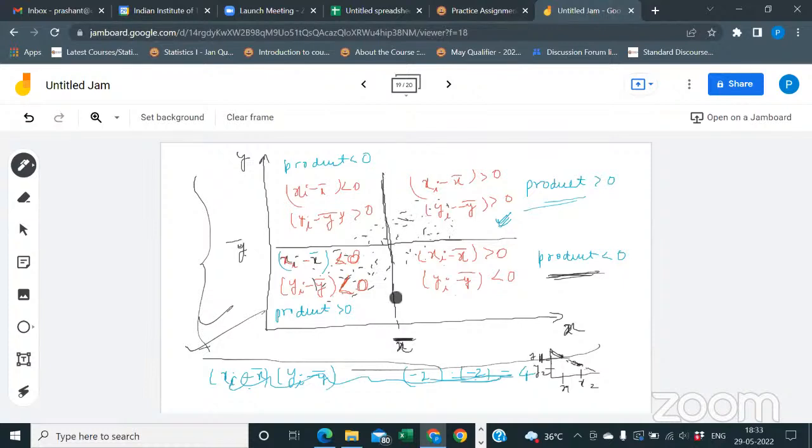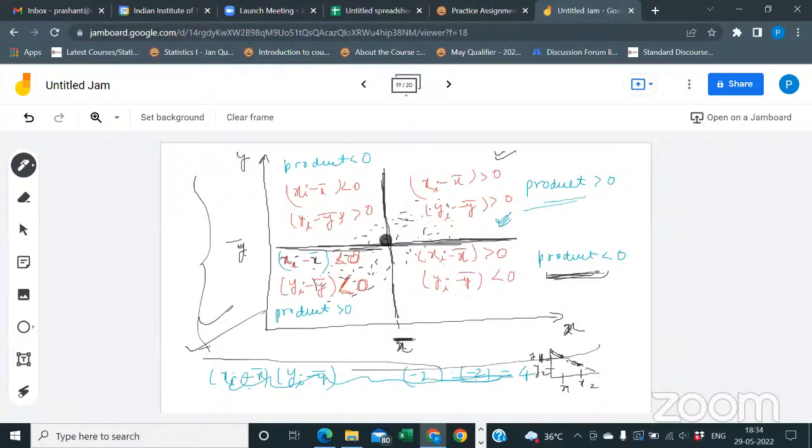So if you see, xi minus x bar will be greater than 0 for this region, right? Yi minus y bar will be less than 0 for this region, because your y is here and y bar is this line. So yi minus y bar will be less than 0. Then the product of one positive number and one negative number will be less than 0, negative.